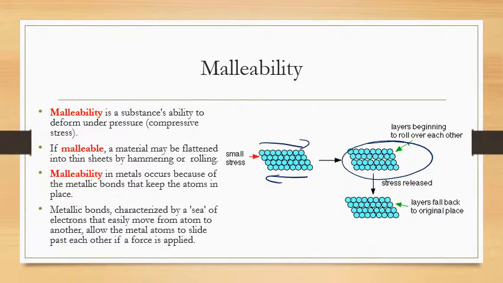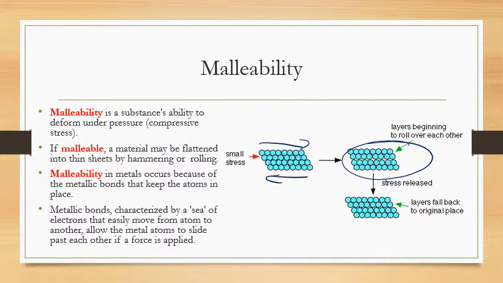So metallic bonds are characterized by a sea of delocalized electrons that easily move from atom to atom, and that allows the metal atoms to slide past each other if a force is applied.